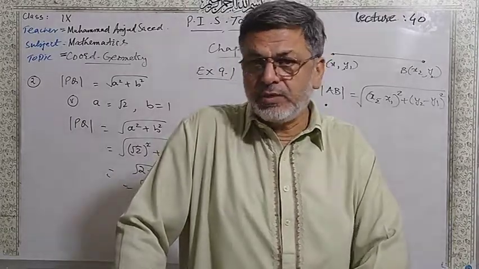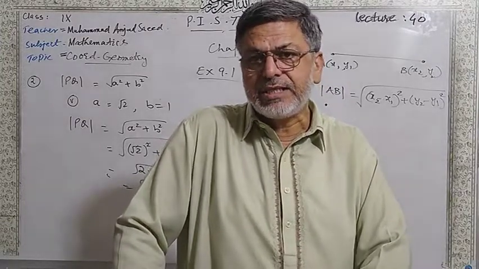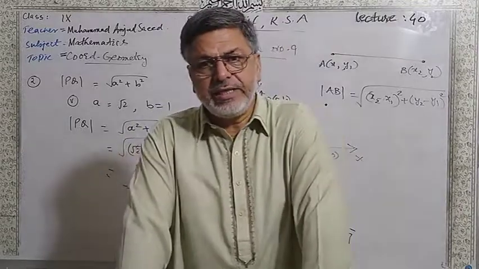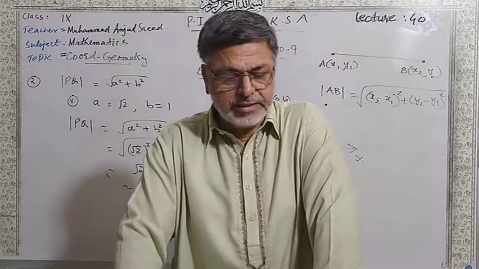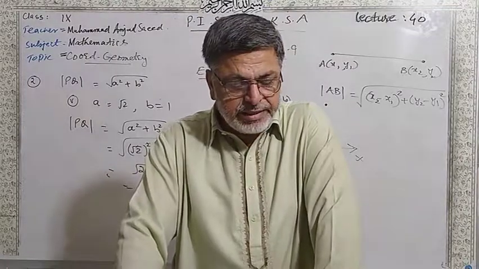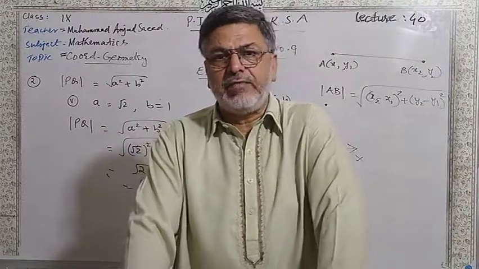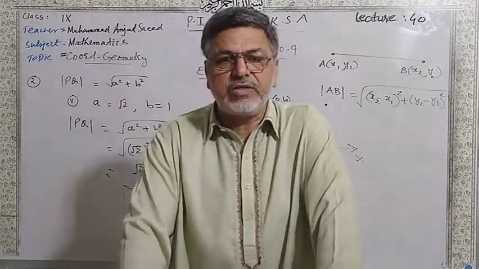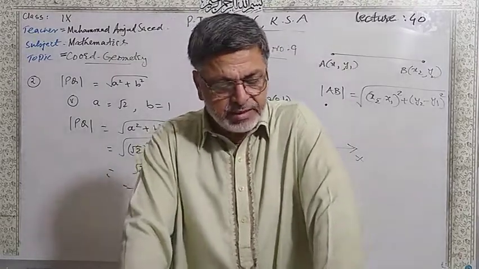If in a triangle two sides are equal and two opposite angles are equal, it is known as an isosceles triangle. In case of a triangle with all different sides, it is known as a scalene triangle. Similarly, in a right angle triangle, one angle is 90 degrees, and in that case Pythagoras theorem is applicable.